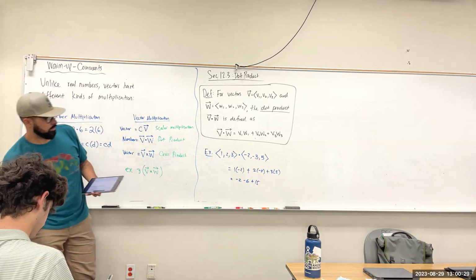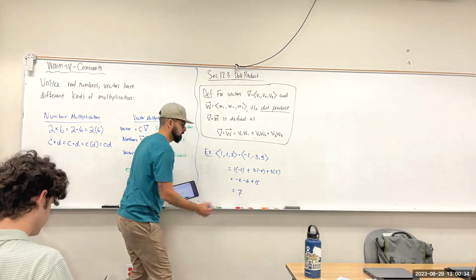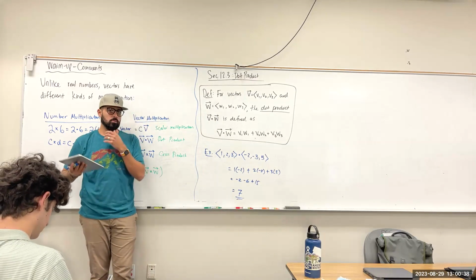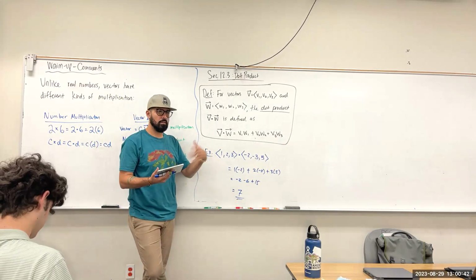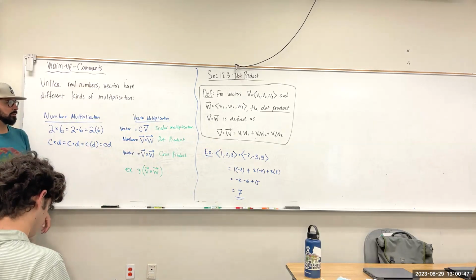What is that? 7. And so the dot product of these two vectors, for some reason, will give us 7. Right now it seems very arbitrary, but we're going to see that 7 has to do with some connection.